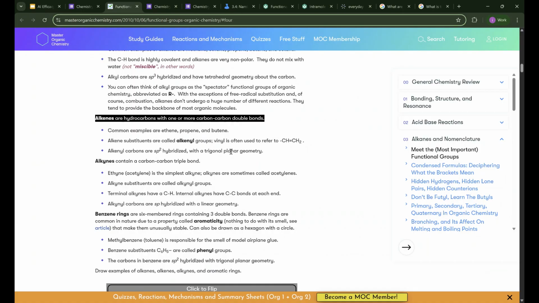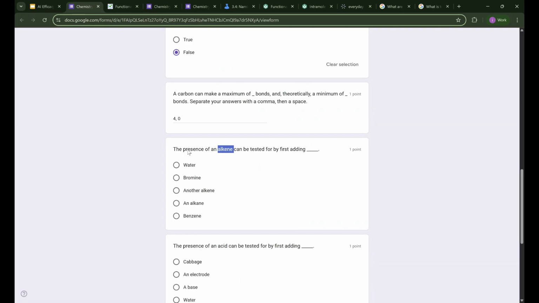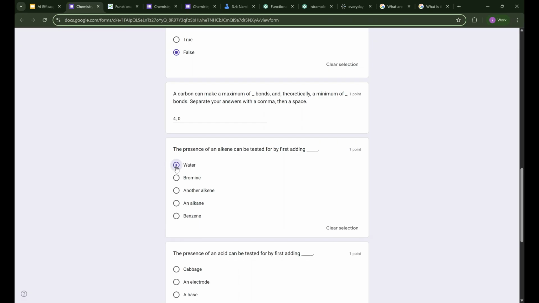Trigonal planar. I'm not sure. I mean, the double bond. What does the double bond mean? Maybe water?